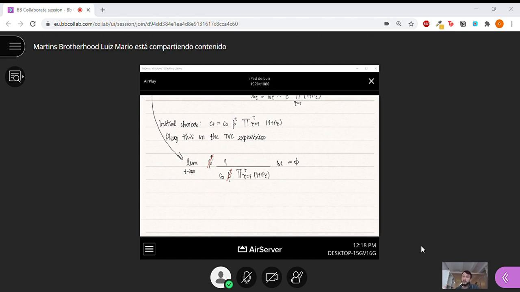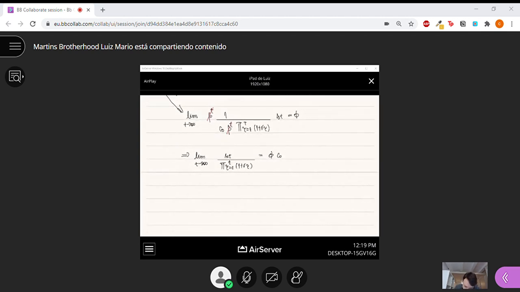Since on the right-hand side we have 0, we could simply drop this from this equality. But now, actually, if we multiply both sides by c0, we have this.